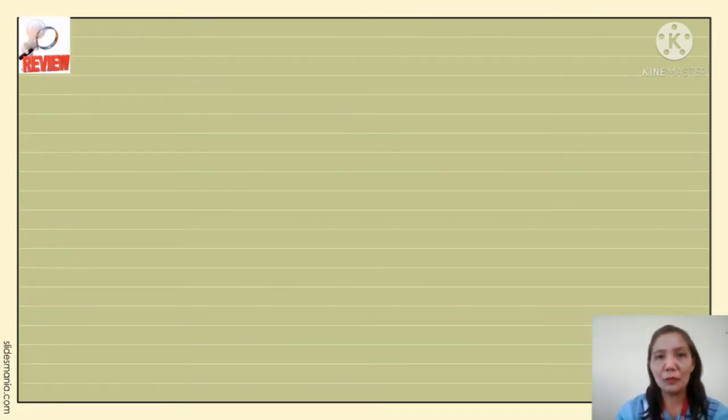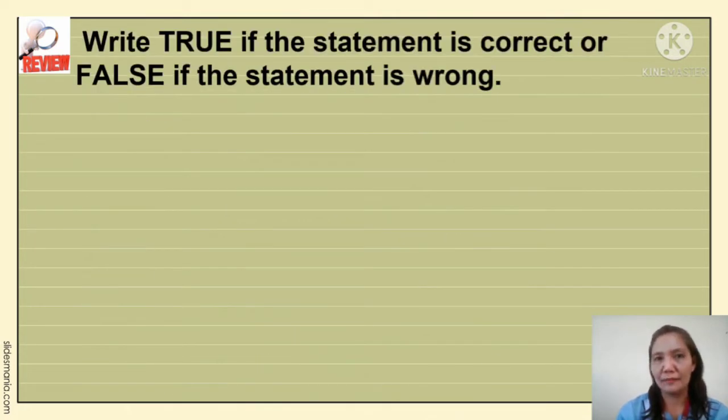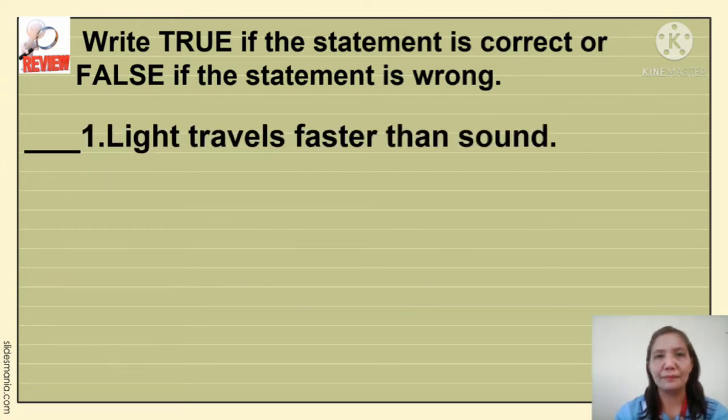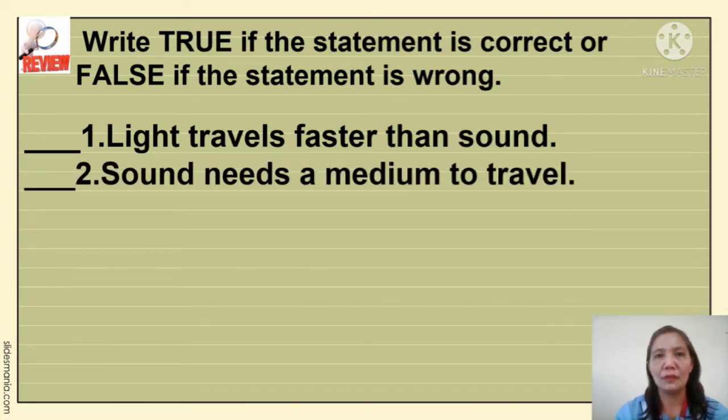Let's have a review on our past lesson. Direction. Write true if the statement is correct or false if the statement is wrong. Number 1. Light travels faster than sound. Number 2.